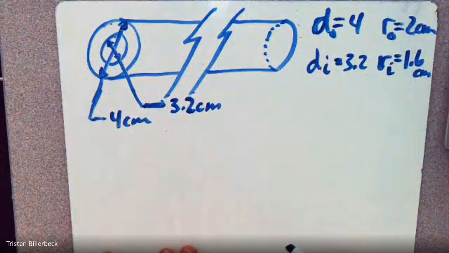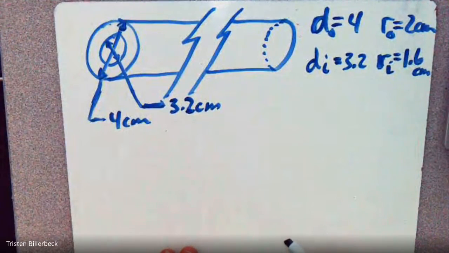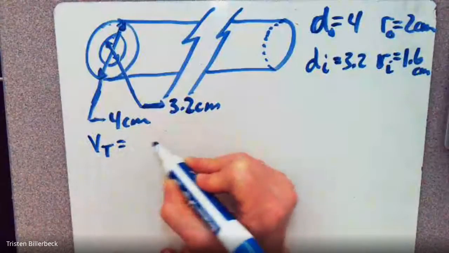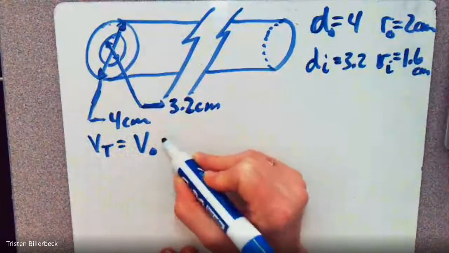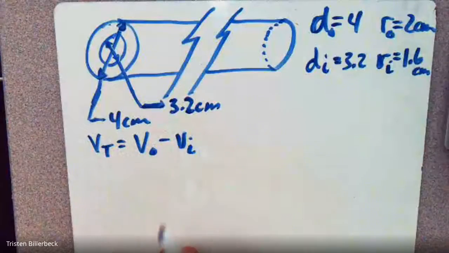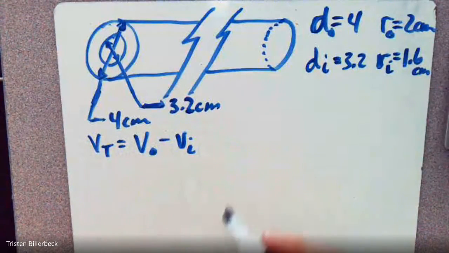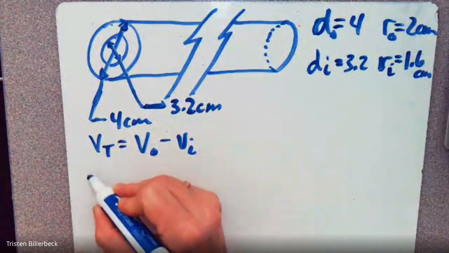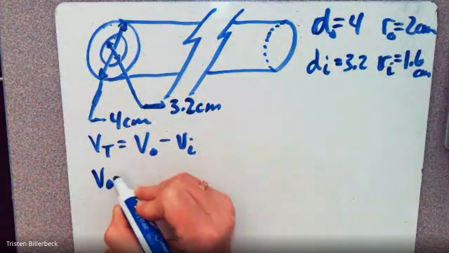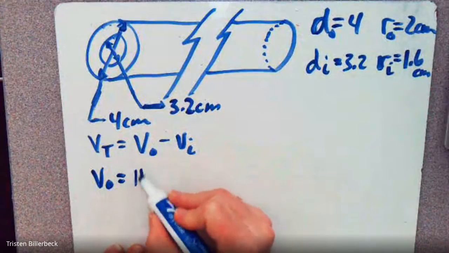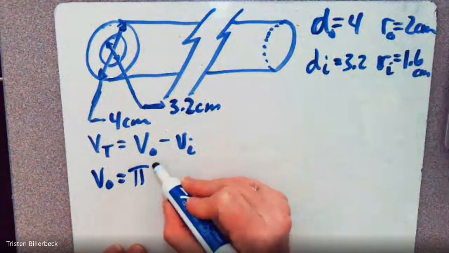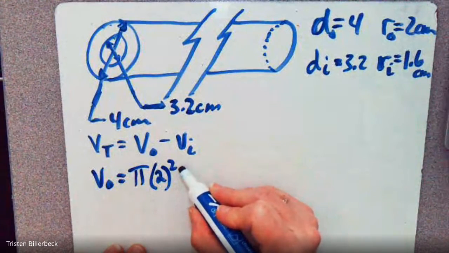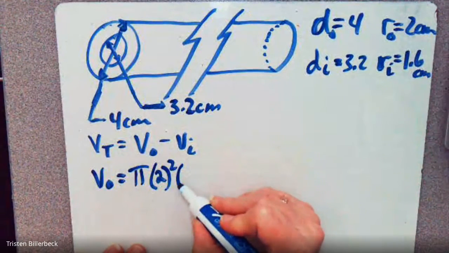Okay, so find the volume of the material used in making of the pipe. So volume total is going to be volume outer minus volume inner. So let's do volume outer. Then it's going to be pi times r outer, which is 2 centimeters squared, times the height.